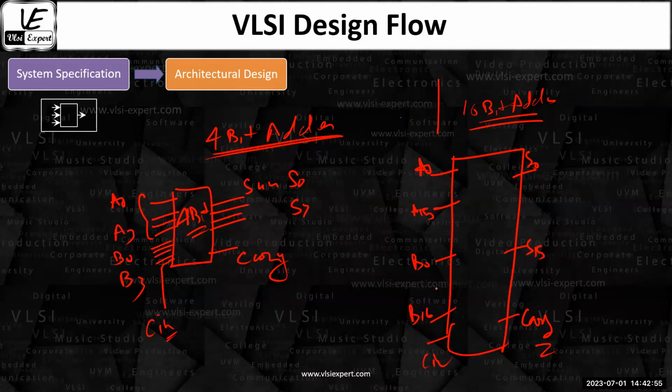Same thing you can understand from the 16-bit and the 32-bit, or the 32-bit and 64-bit. Same difference you can understand. Now in my processor, in my ALU, maybe I want to do 4-bit addition, but there is a scenario where I want to do an 8-bit addition. 8-bit addition in the sense, I have data from B0 to B7, and I want to add it with A0 to A7.